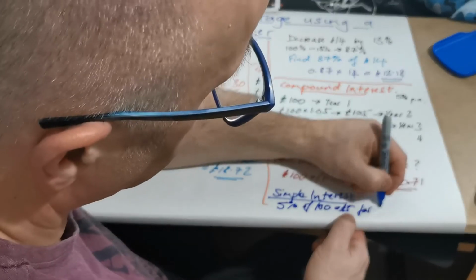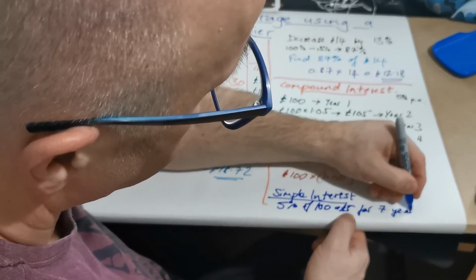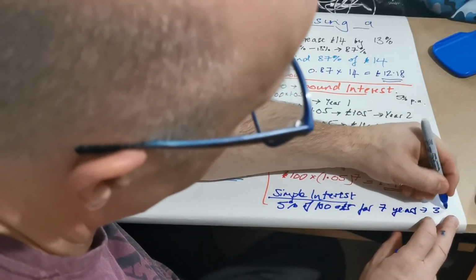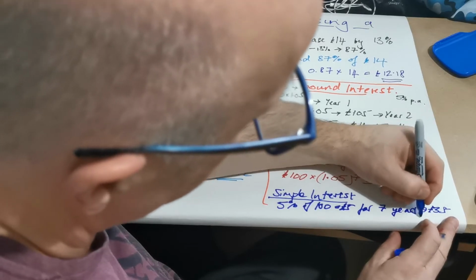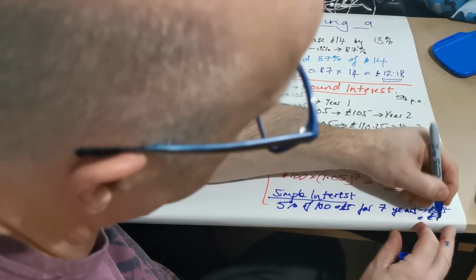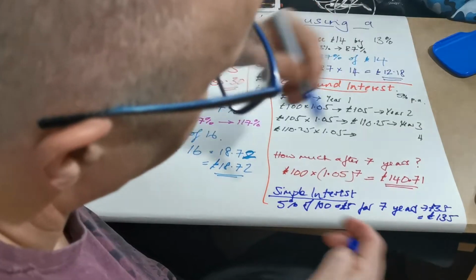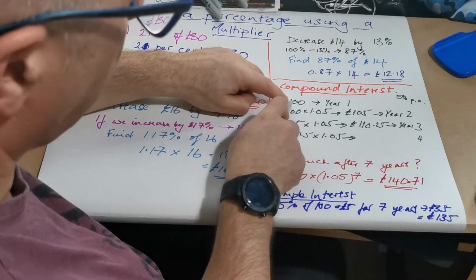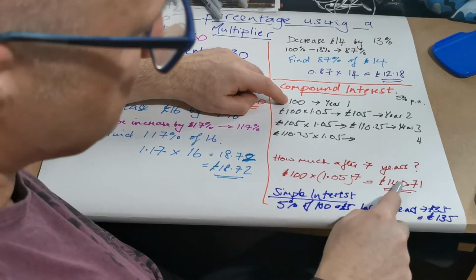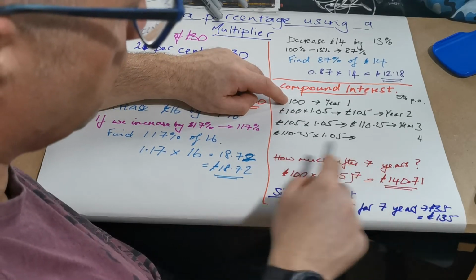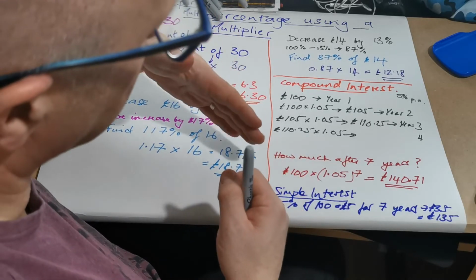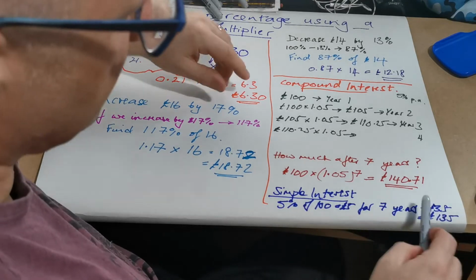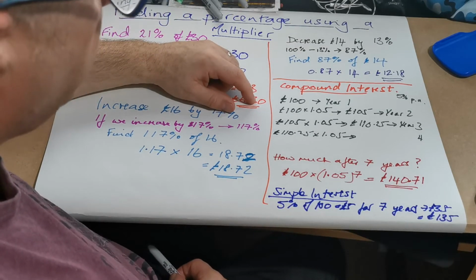So the same question here means that you get £35 in interest. So end up with £135. So you can see this compound interest is better off, because even with only investing £100 at the beginning, you've still made more from the compound interest, with the interest being made by what you have in at the beginning of each year, rather than just adding on what you had at the beginning.